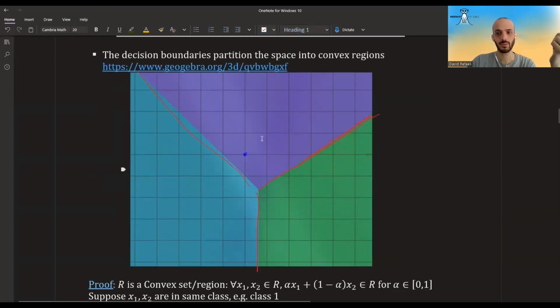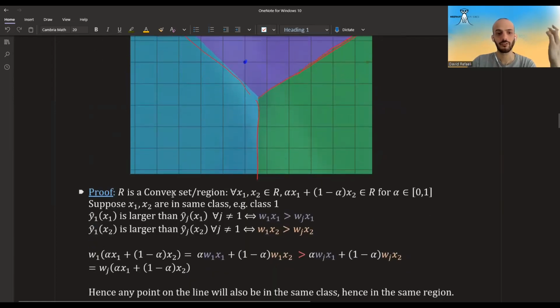And we can actually also prove that the regions created by this architecture are convex. A convex region or a convex set means that for every two points in the set, let's say point x1 and point x2, all the points that are on the line that connects them are also in that region.